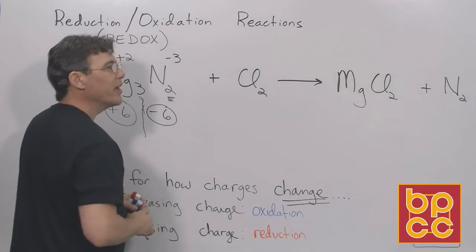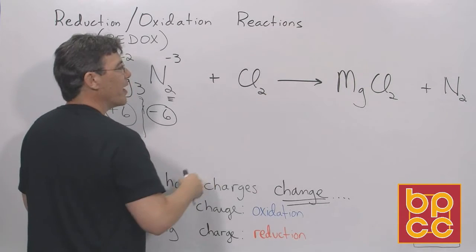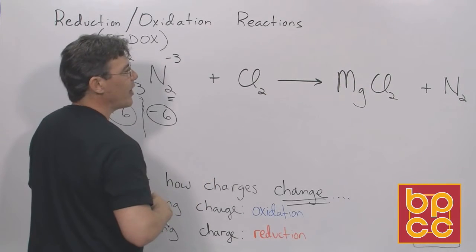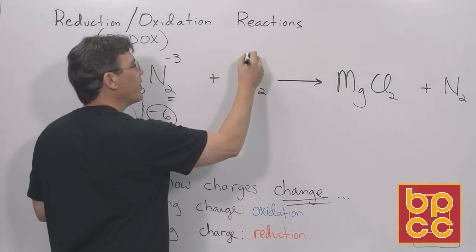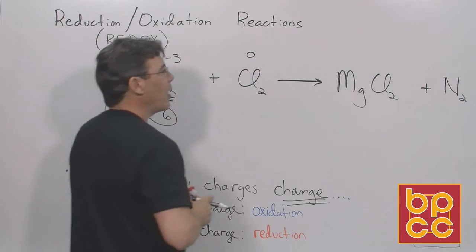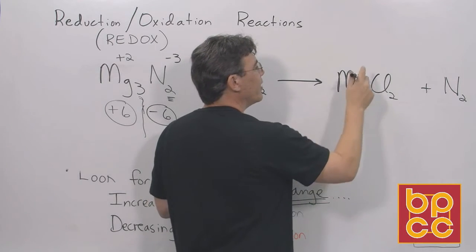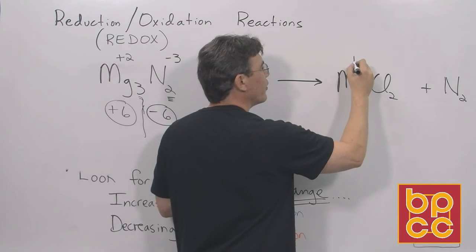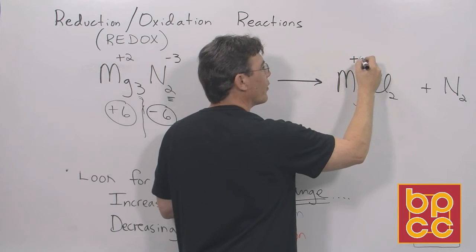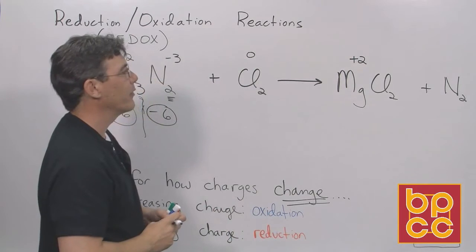Here we have chlorine. Again, it's a diatomic element, so it always comes in pairs, but it's not in a compound. It's not with any other element, so we simply can give it a charge of 0, which again is nice. Let's look at the product side. Here again we have magnesium. Magnesium, the only possible charge, and these are the ones to focus on first, is a positive 2 charge in this compound.